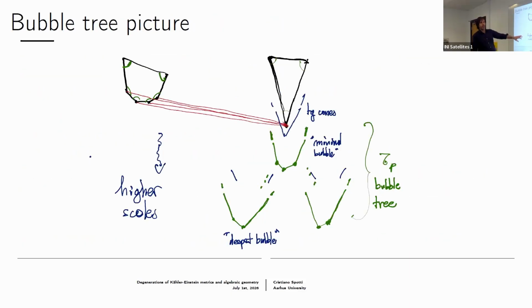Here is a picture of what is going on. So we have this polygon, we have these points that come together. So we have a tangent cone, and the situation is locally isometric to the singular things here, nothing particularly fancy. And then you start along this dynamic process, you start rescaling. You are trying to not get all the points together, and you will actually get what is called the minimal bubble.